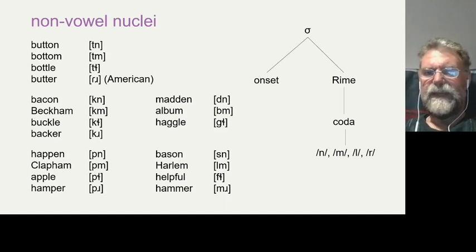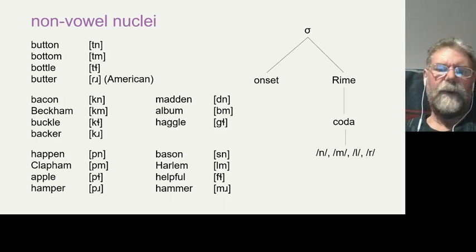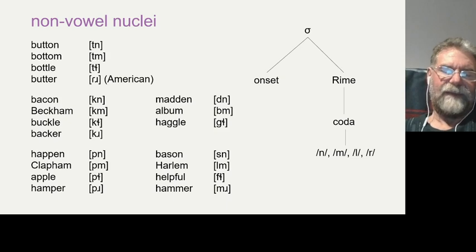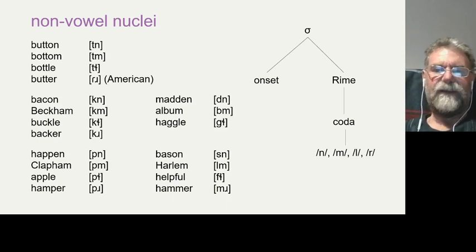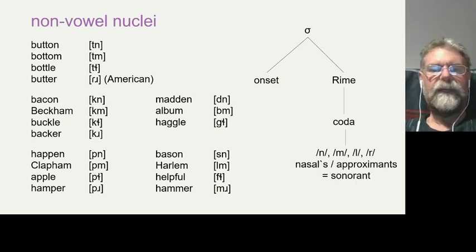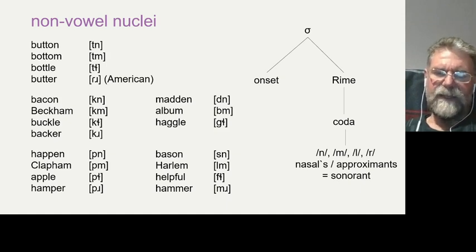It's either going to be a nasal, n or m, or an approximant, like l or r, okay? So it seems then it's nasals and approximants which can appear in this position. And these are, as we saw last week, the sonorant consonants.